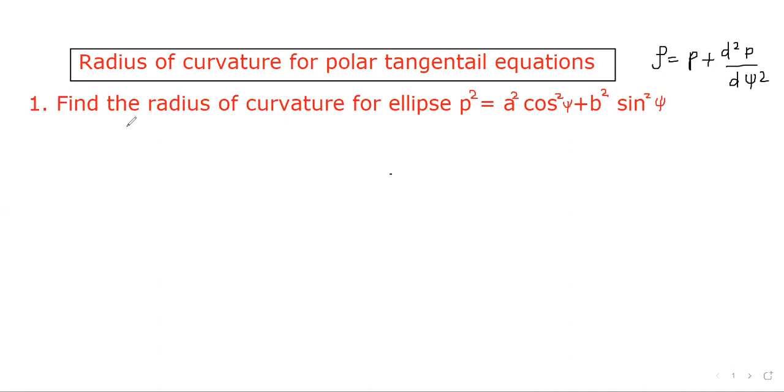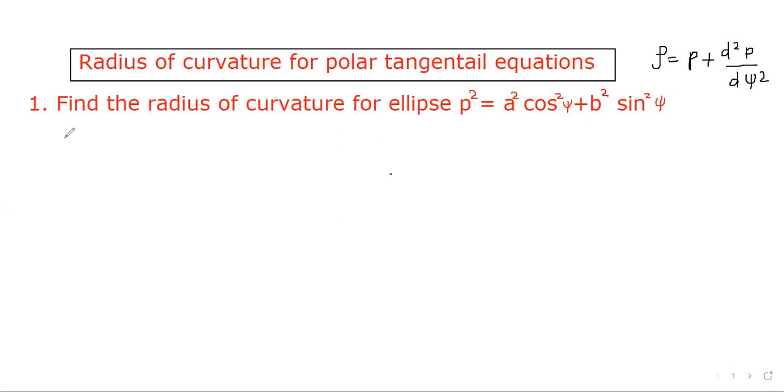Question number 1. Find the radius of curvature for the ellipse p² = a² cos²ψ + b² sin²ψ. So we can differentiate this equation with respect to ψ.